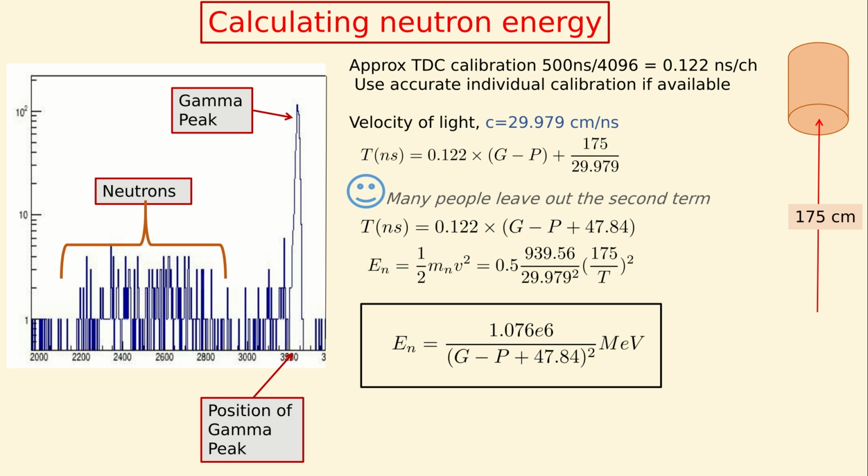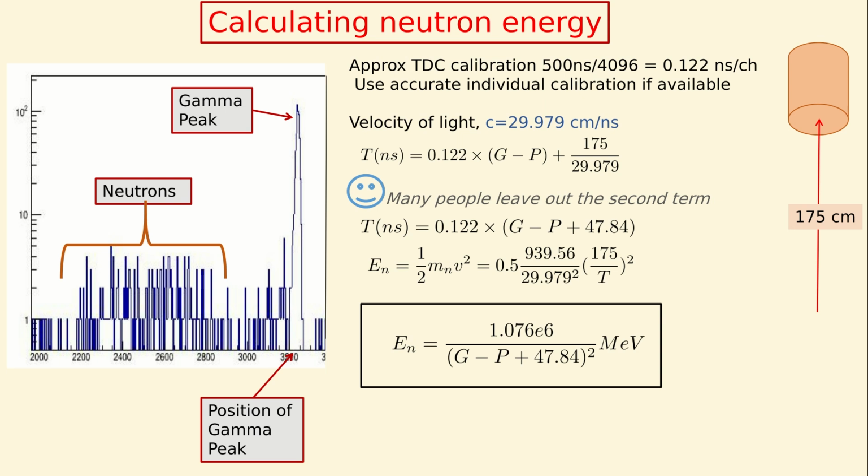And now we have P. P is the channel number for the neutron, but that is variable. Event by event, this number will be different, and for each detector, but G is fixed for that particular detector, and that has been stored already in the file gpos.txt. Multiply the difference between the channel numbers by 0.122.